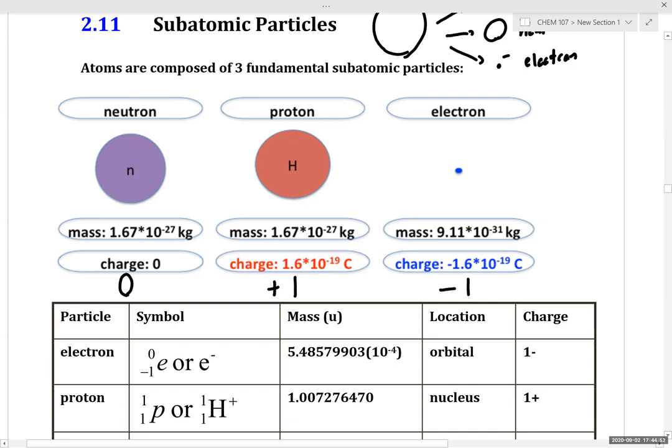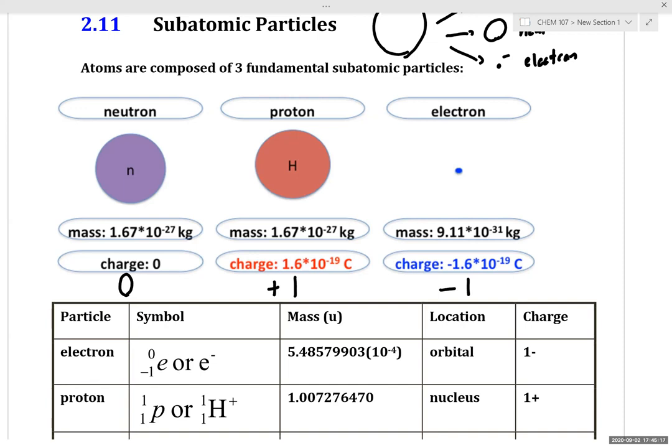Now, I've made these pictures to help everyone realize this second point. I'd like you to tell me which of these subatomic particles has the smallest mass. Which picture is the smallest here?